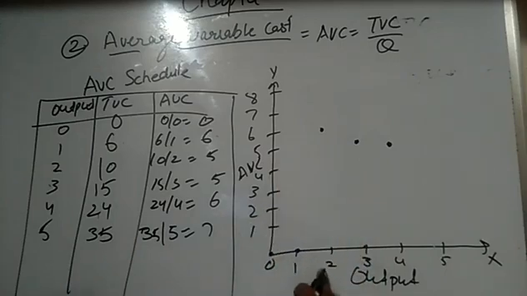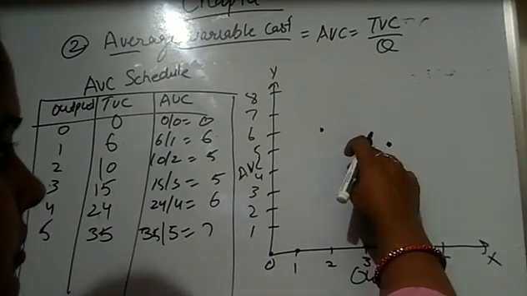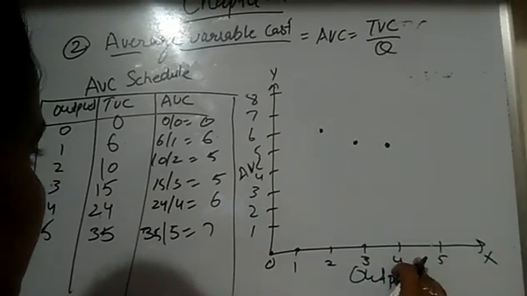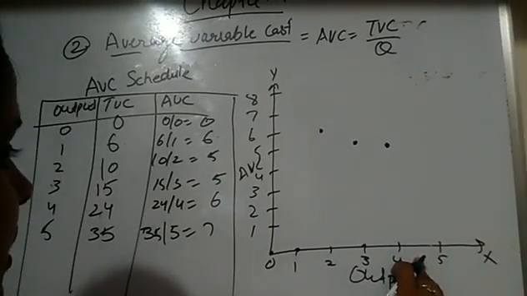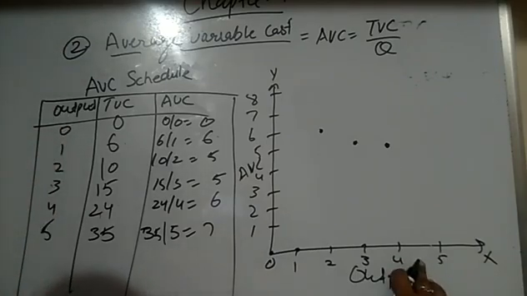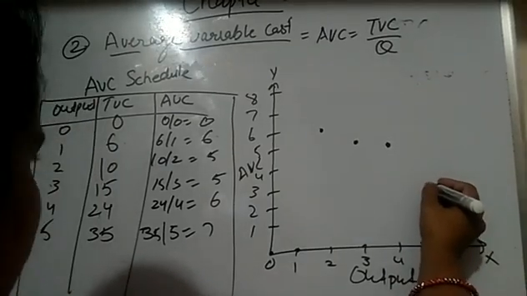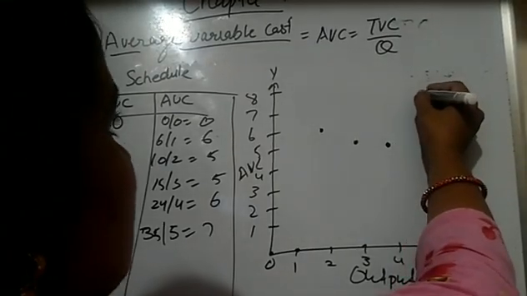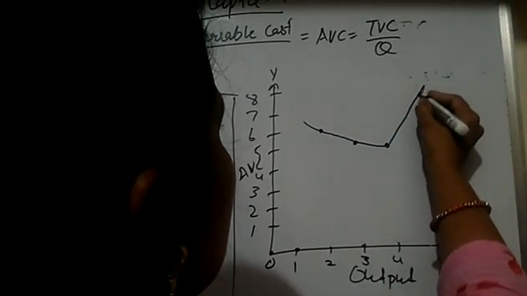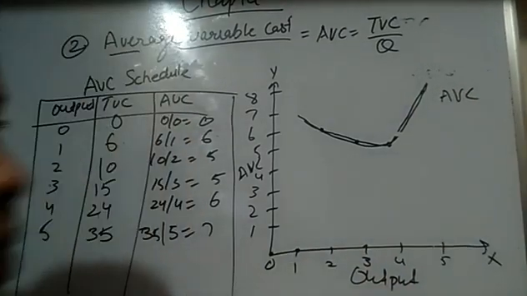When it is 5, average variable cost is 7. So this is the average variable cost.